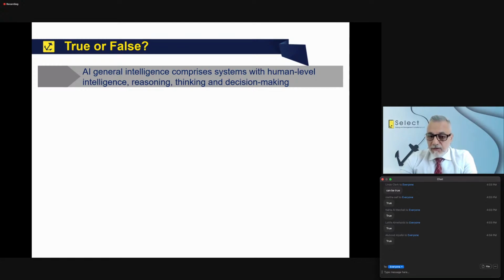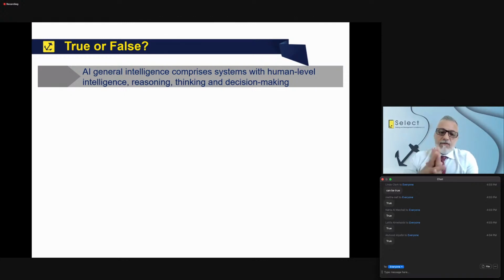So, how about the others? Do you agree with Iman? We're talking about artificial general intelligence. Do you think that the machine's level of intelligence is similar to human intelligence, or somehow it's not possible?